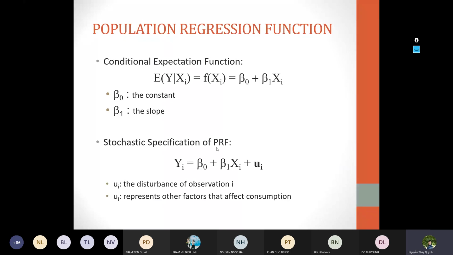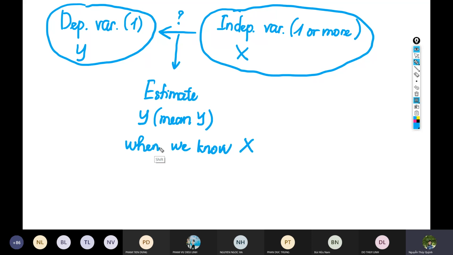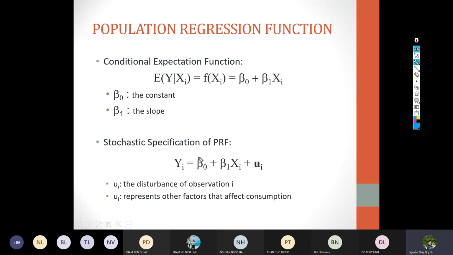We have the observed value of Y, not the conditional value of Y, but the observed value of Y here is equal to the conditional expected value of Y, this one.